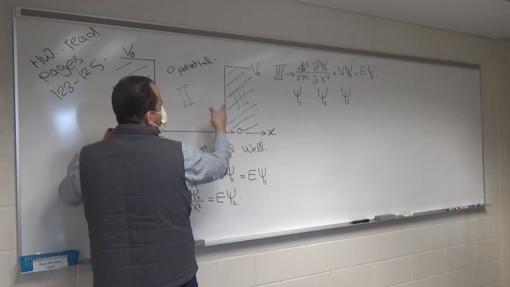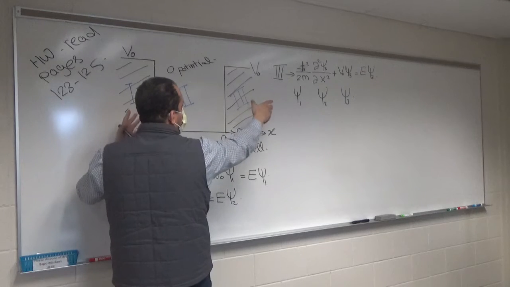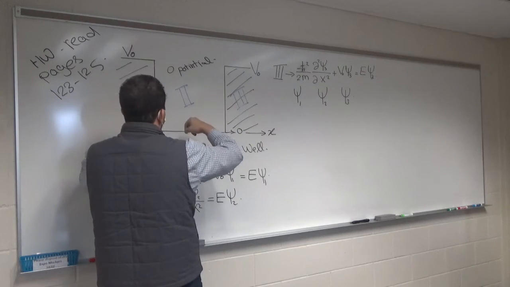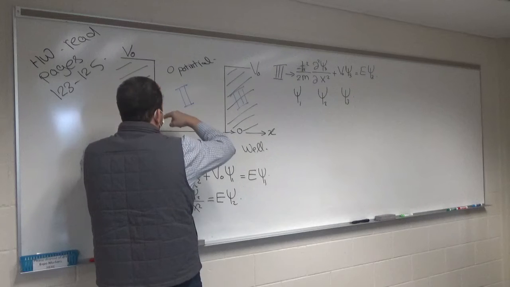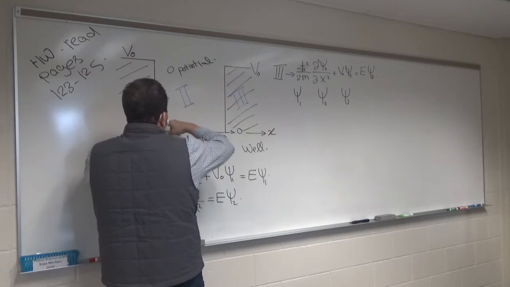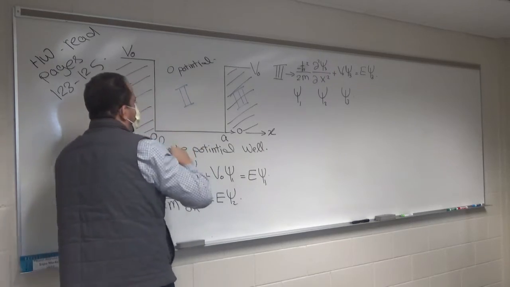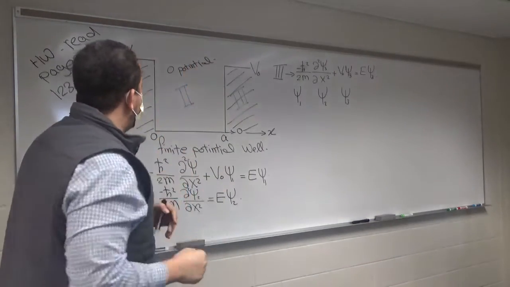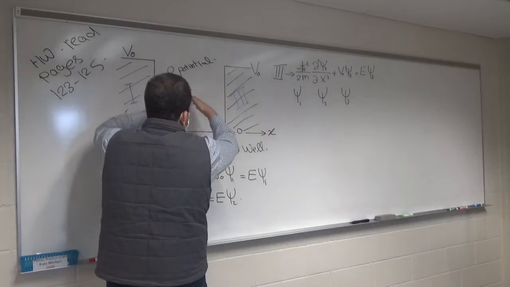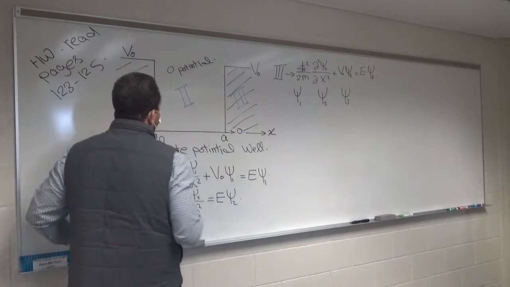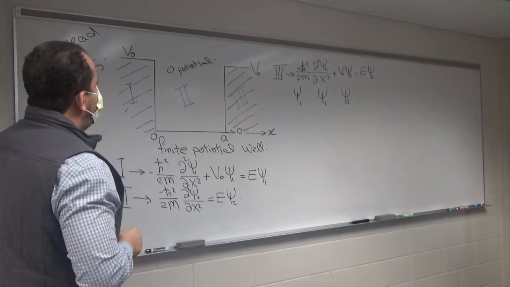The probability, when we square the wave function, will give me the probability. So if we have the wave function as a sine, that will give me high probability inside the infinite potential well that we studied. And if we go in this direction, the probability will go down.